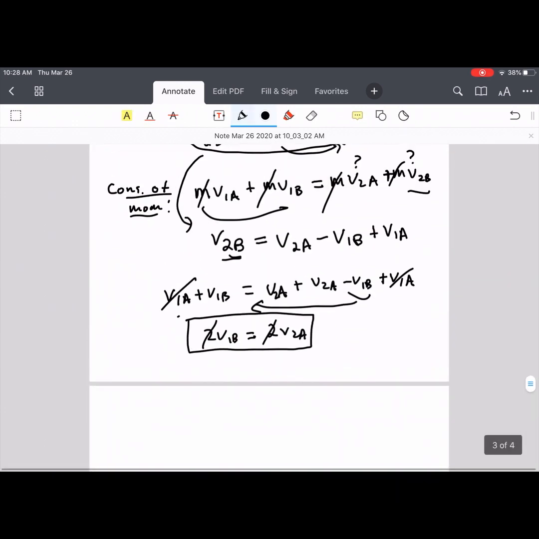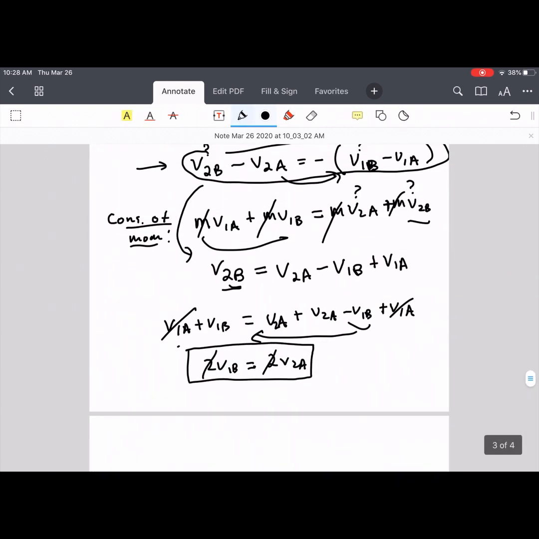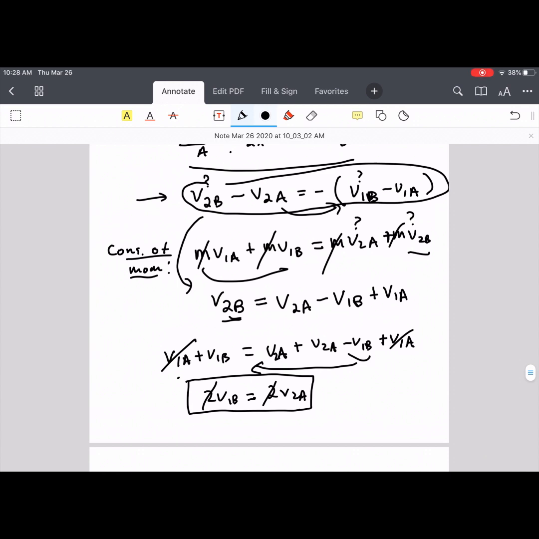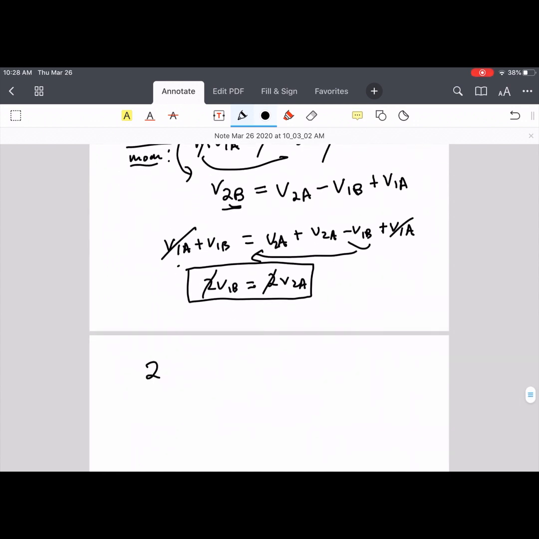If I plug this now into my previous equation, for example, this equation for v2b, so v2b is equal to v2a minus v1b, but we just saw that v1b was just v2a, plus v1a.